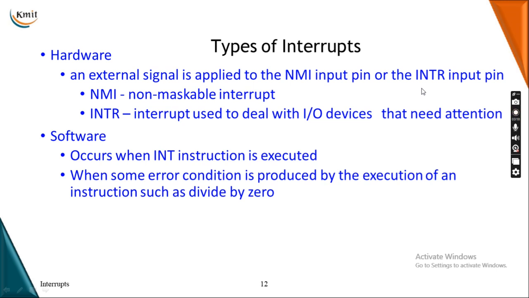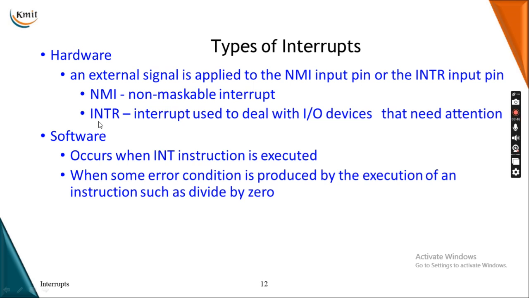These two pins are the hardware interrupt pins present in the pin configuration of 8086. Non-maskable means you cannot mask that interrupt, and for an interrupt which requires attention, we make the request using the INTR pin.